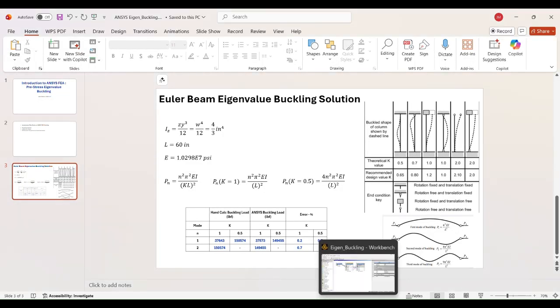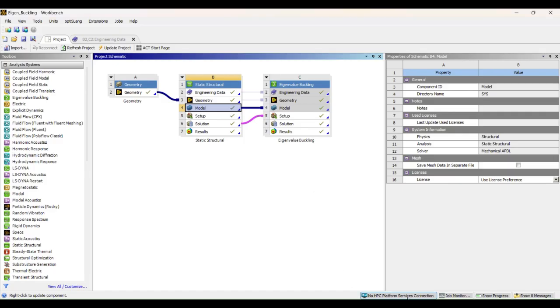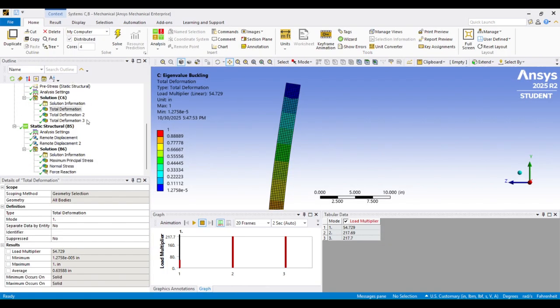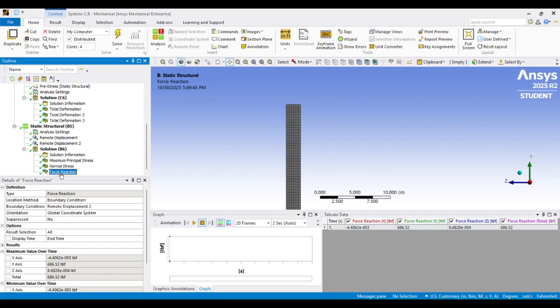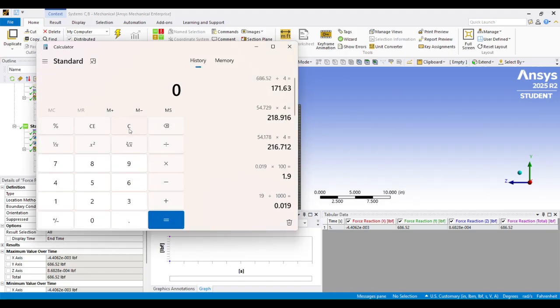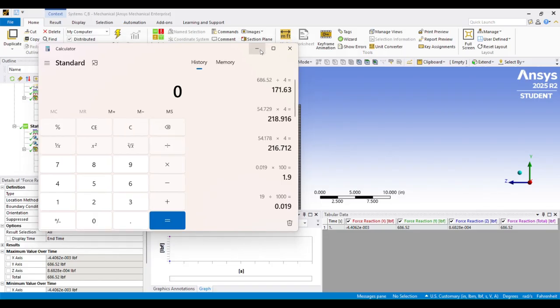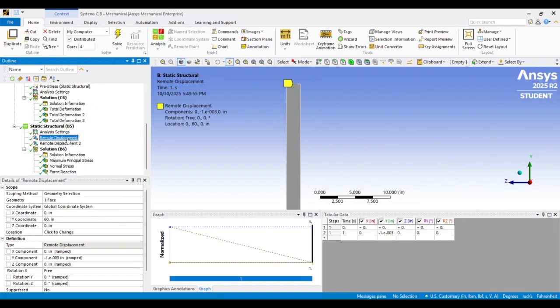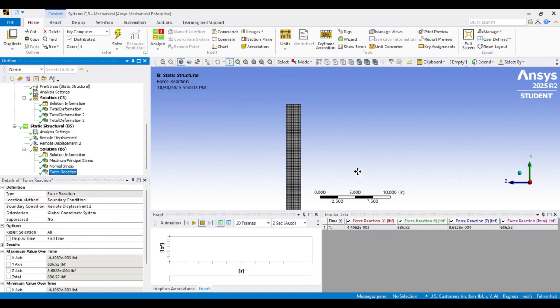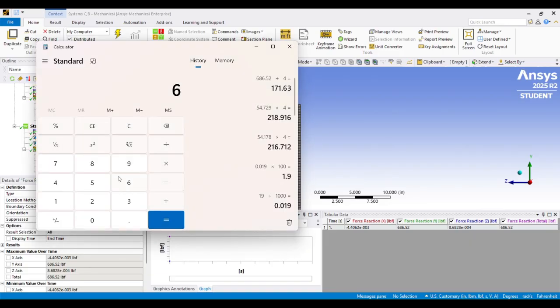And how I got that from the model is I took the force reaction, because if you remember from the first video, I applied a displacement to the top of the beam in the negative y direction. So I applied a 1 mil displacement. So our force reaction is 686.52 pounds.